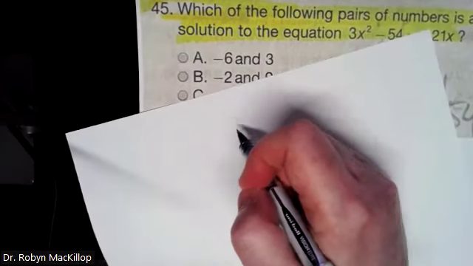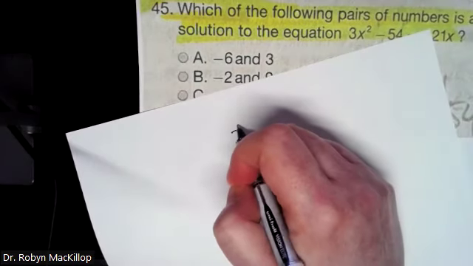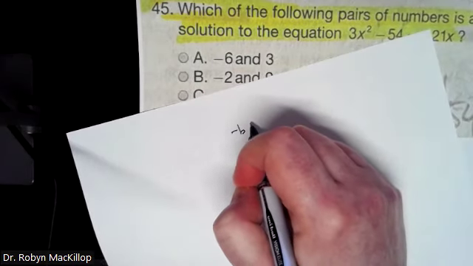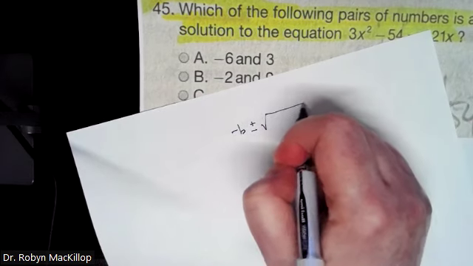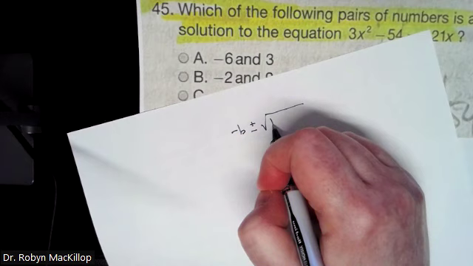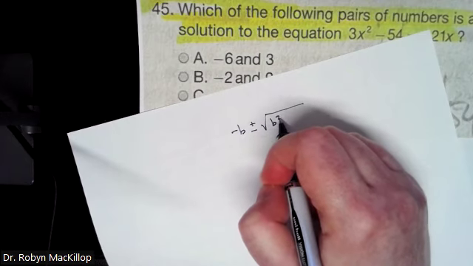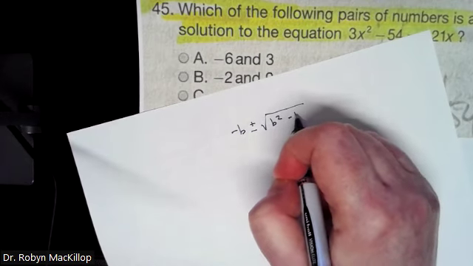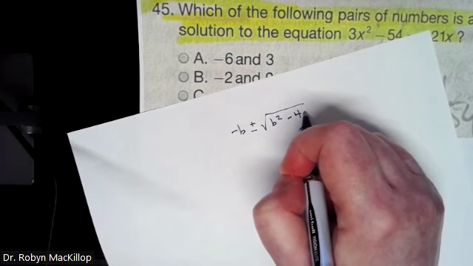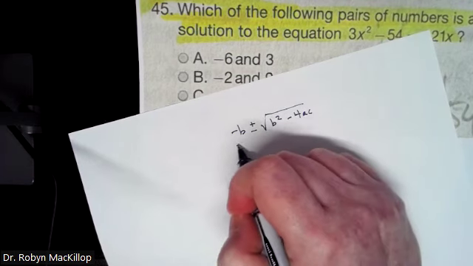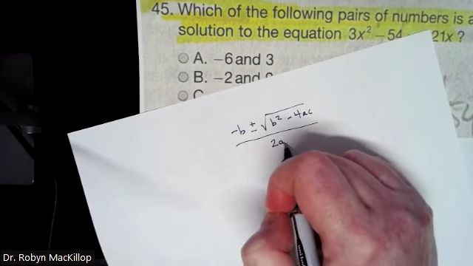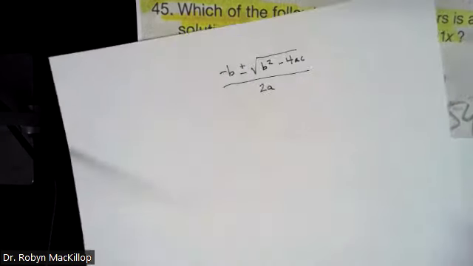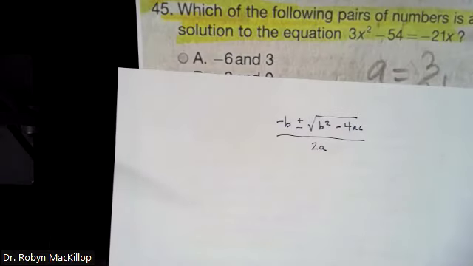Quadratic formula should be negative b plus or minus the square root of b squared minus 4ac over 2 times a. All right, let's plug this in.